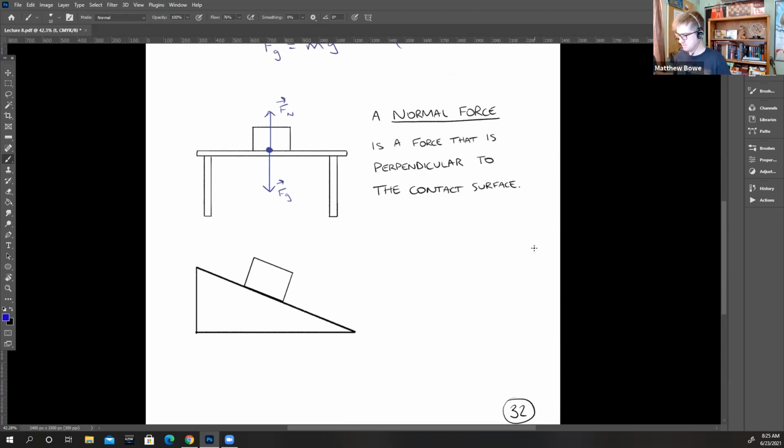So we have this block on a ramp, but it's not too steep of a ramp. You can have something on an incline, and it doesn't always slide down immediately.